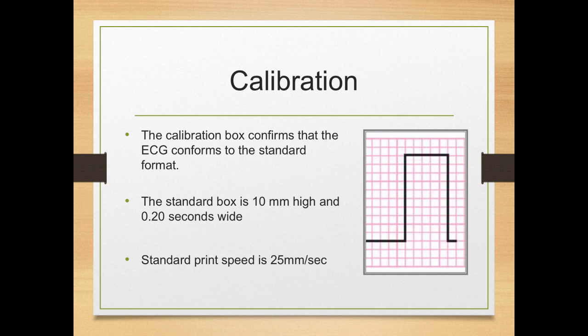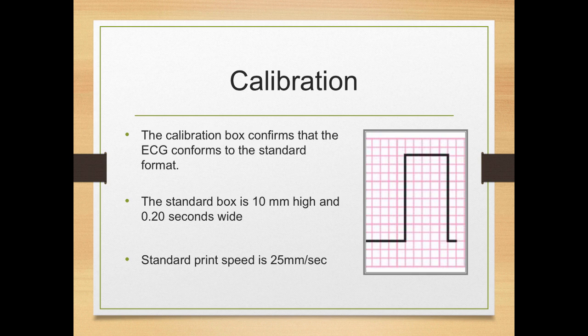A standard box is 10 millimeters high, so either 10 small boxes high or 2 large boxes high, and 0.20 seconds wide. So 5 little boxes wide or 1 large box wide.